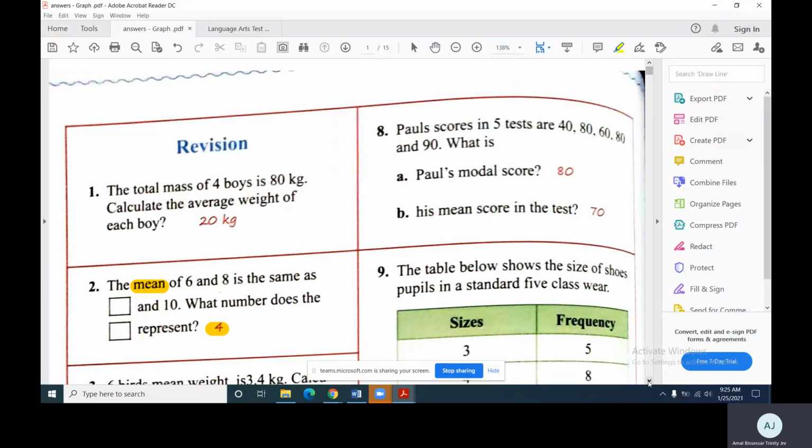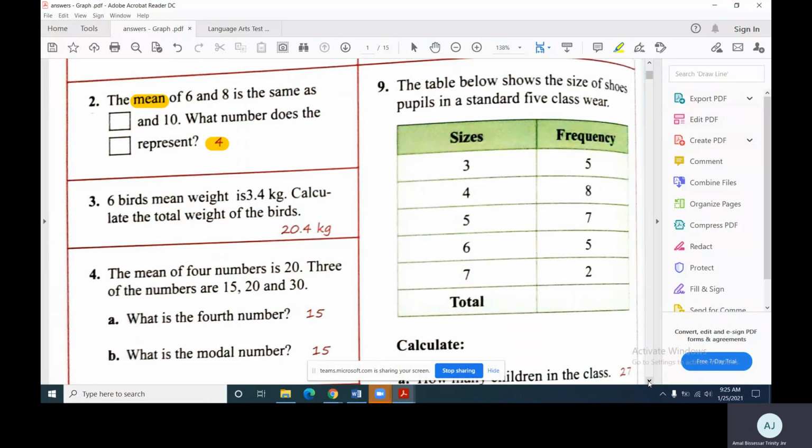Going down to number 3, 6 birds mean weight is 3.4. Calculate the total. So when they ask total here, they're not talking about addition. When they ask for total, they are talking about multiplication.